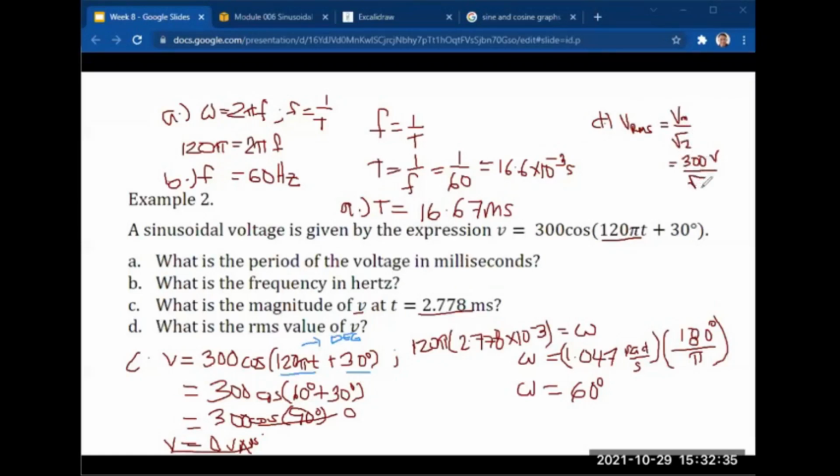So Vrms is equal to 300 divided by square root of 2, which is 212.13 volts.